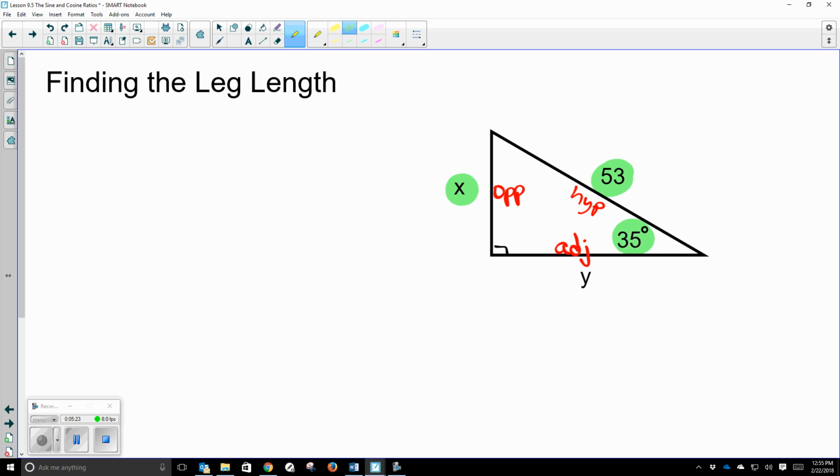Sine. Because cosine has nothing to do with the opposite side. Cosine is adjacent over hypotenuse. But sine is opposite over hypotenuse. I couldn't use tangent. Tangent does involve the opposite side, but it also involves the adjacent side, and I would have two variables in my equation.